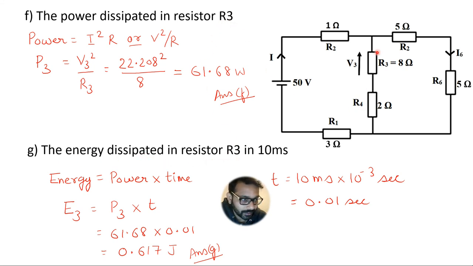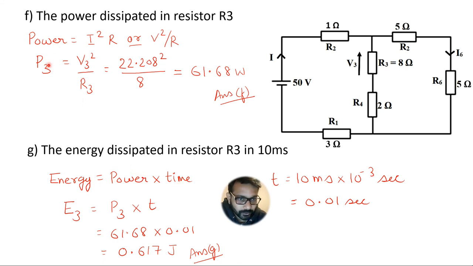Now in the last part, we have to calculate the energy dissipated in the same resistor R3 in 10 milliseconds. Time is given as 10 milliseconds. For energy, you have a single formula. Based on the formula for power, you can have multiple formulas, but basically energy is your power multiplied by time.